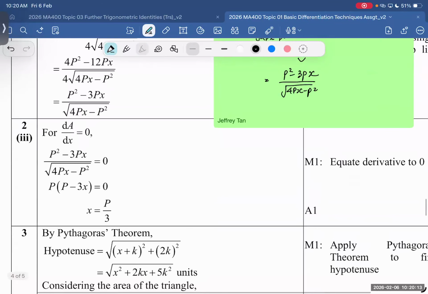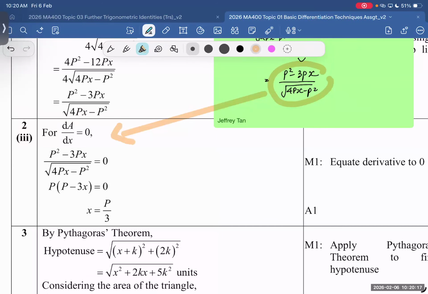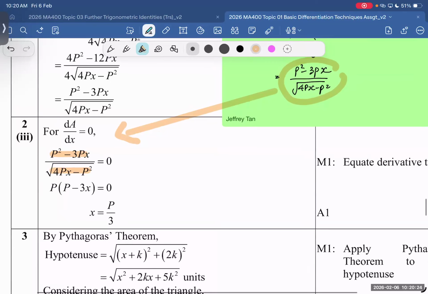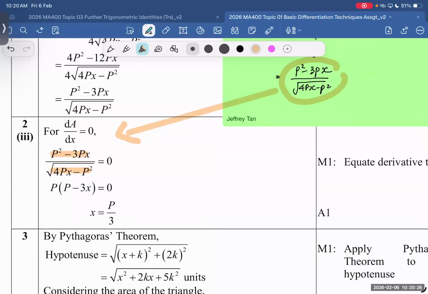Now, this is my dA/dx. I want my dA/dx to be 0. When a fraction is 0, who matters? Is it the numerator or the denominator? If a over b equals 0, what can you conclude? It's just a equals 0. B doesn't matter because the denominator can never be 0.